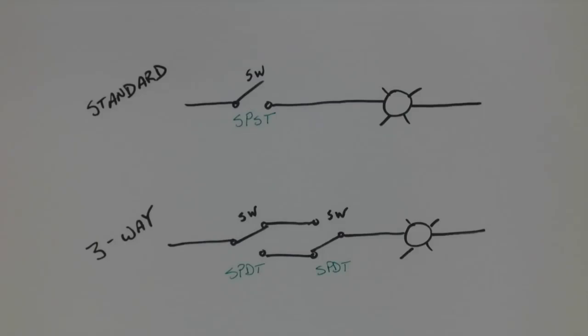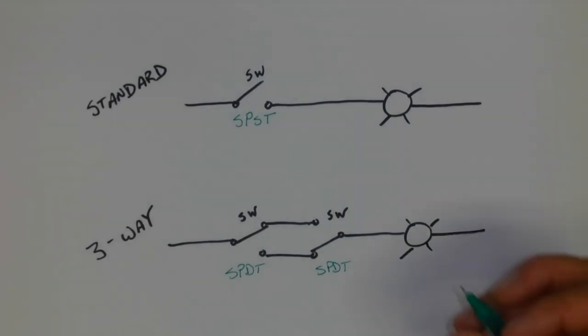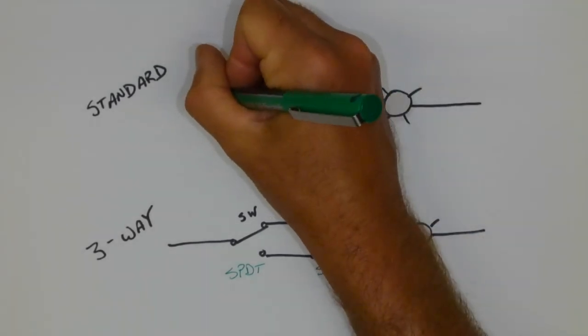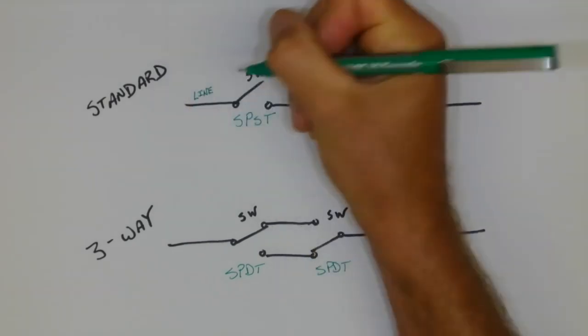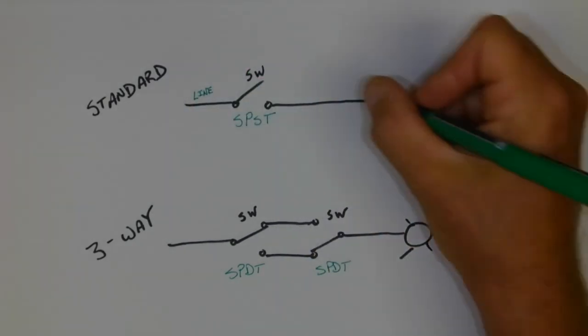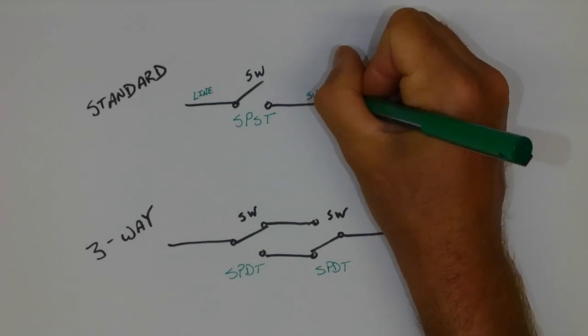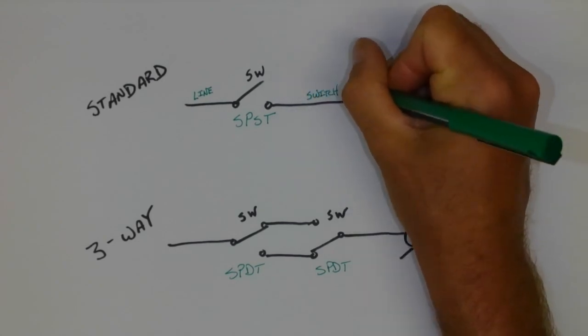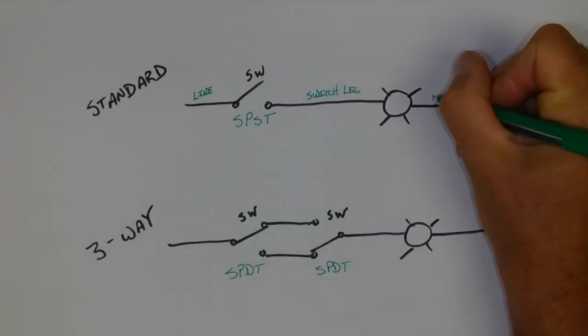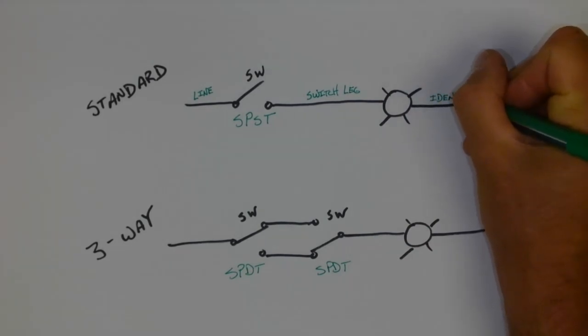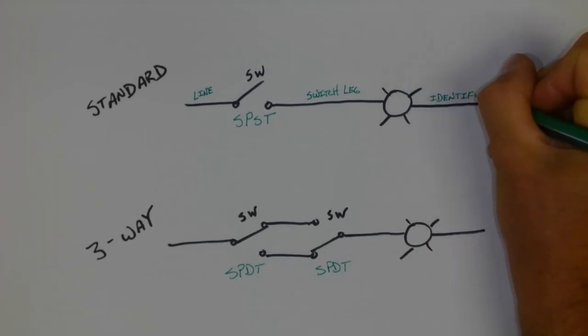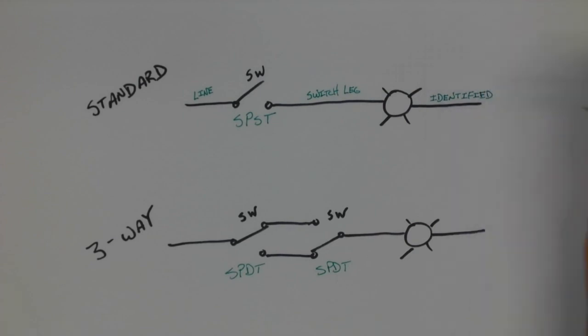In both of them, we have a few different ways in which to describe or identify the conductors. This here would be the line conductor, or sometimes referred to as the hot. This would be the switch leg. And then we would have the identified traveling back. Likewise, on the bottom, we have the same thing.